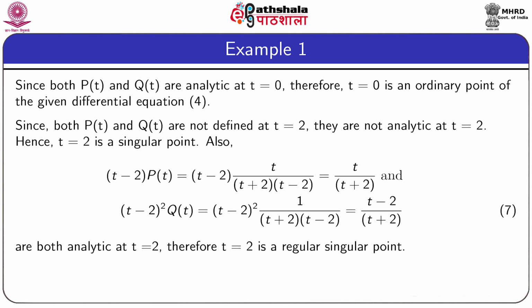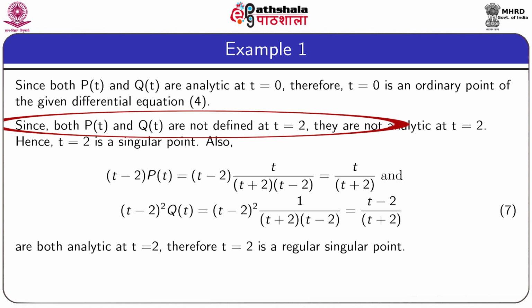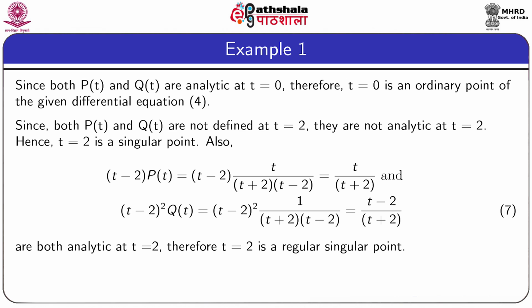Since both p(t) and q(t) are analytic at t equal to 0, therefore, t equal to 0 is an ordinary point of the given differential equation 4. Next we check about the singular point. We see both p(t) and q(t) are not defined at t equal to 2, and hence they are not analytic at t equal to 2, and therefore, t equal to 2 is a singular point.